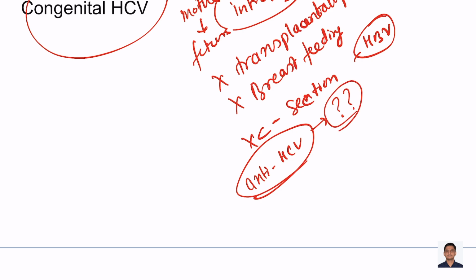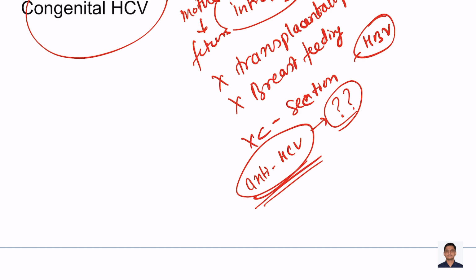So we have to wait until the delivery of the baby to start the anti-HCV treatment. There is no vaccination for the HCV virus, and so there is no role for any prophylaxis.